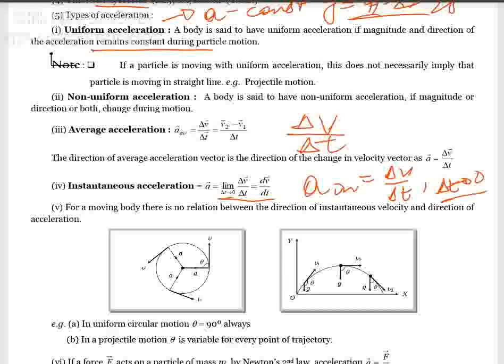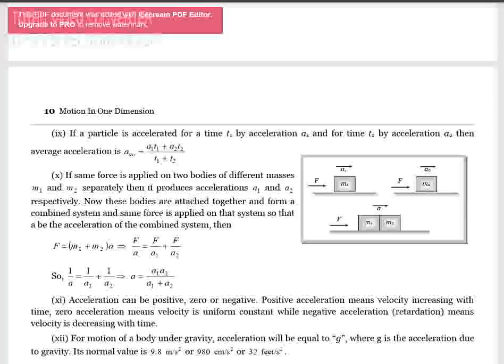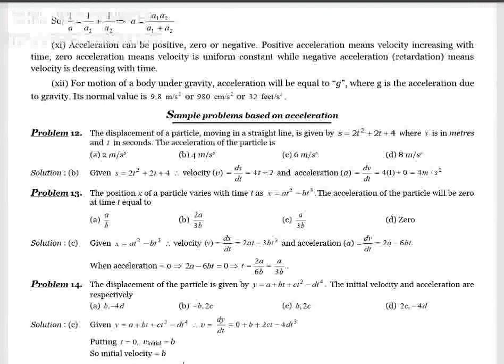That means the change is almost 0 when you consider the acceleration of an object at a point. These are the three accelerations. Let us see some solved problems related to acceleration.